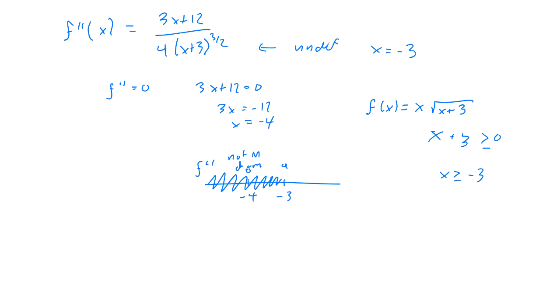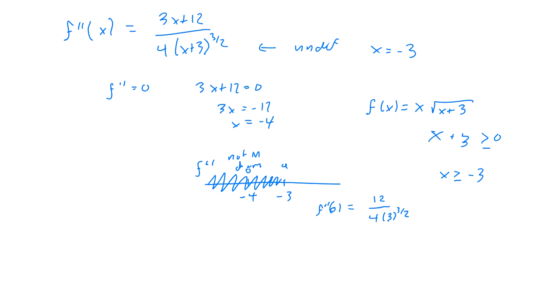So really then, we only have one interval to check. There are no critical points at all, so we only need to check the interval from -3 to infinity. So let's plug in 0. If we take f double prime of 0, then from up here, that gives us 12 over 4 times 3 to the 3/2 power.